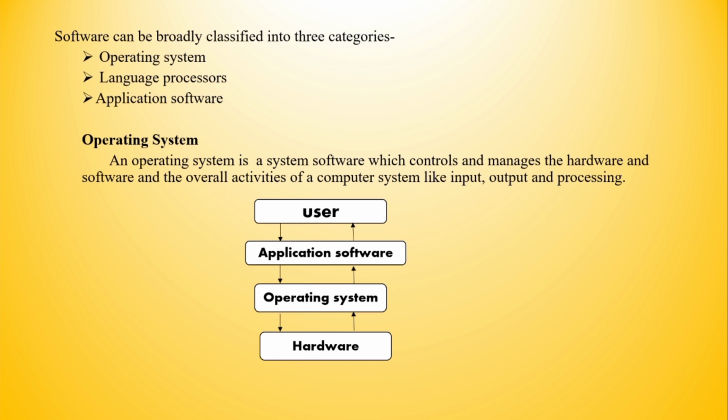Now what's a language processor? It is a software which converts the high-level language program to machine language. For example, compiler, interpreter and assembler. Application software. It is a software which is used to perform a particular task. For example, MS Word.